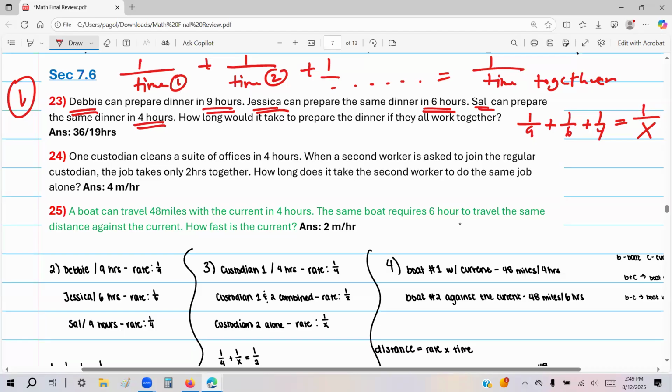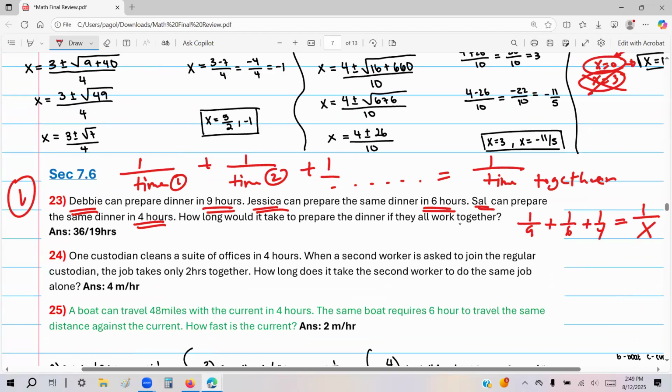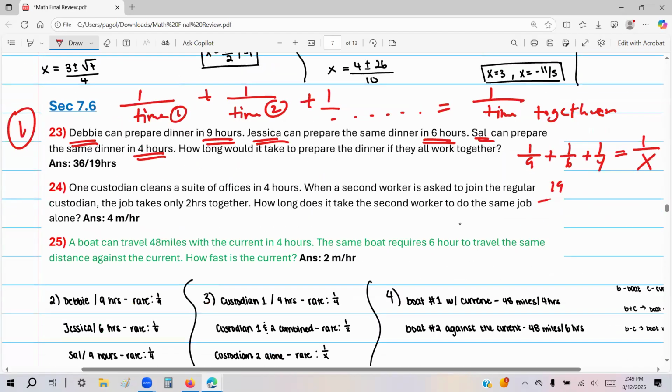And always, before your final exam, check your in-class exam, okay? Where did I take off points? So many of you, when you solved it, you saw the choice on the multiple choice and you got the answer, which was wrong. What's the answer here? 19/36. So you have 19 over 36 equals 1 over x.